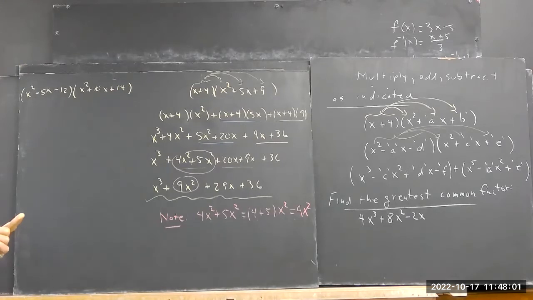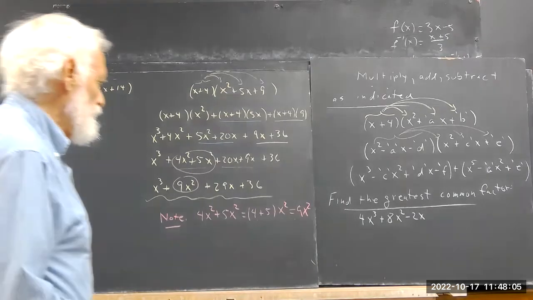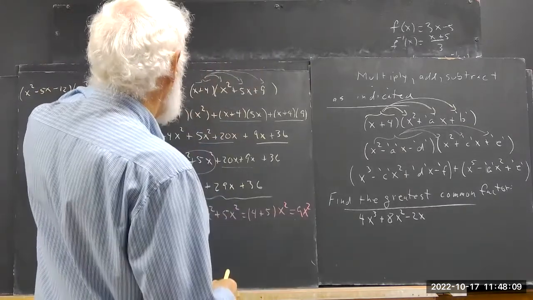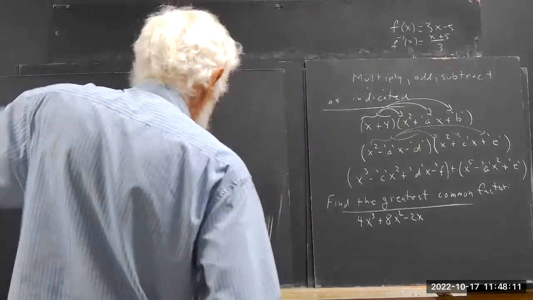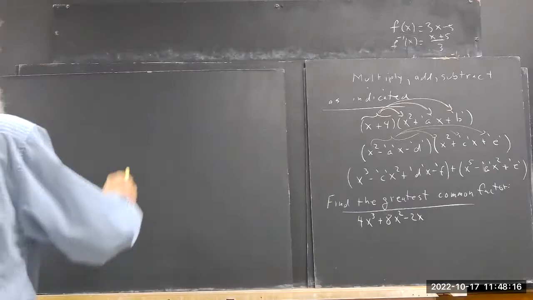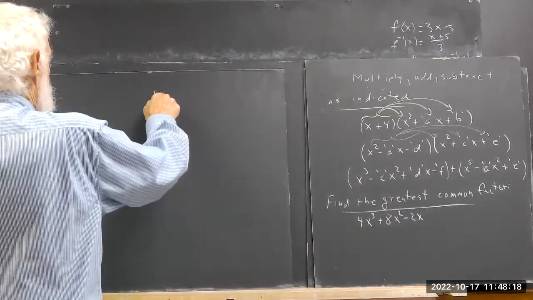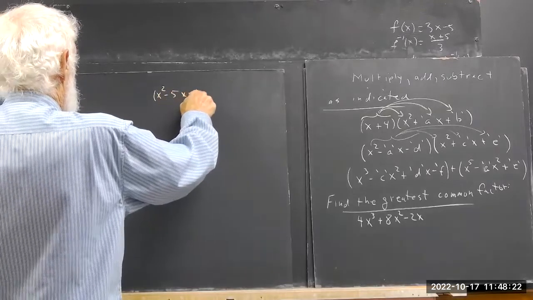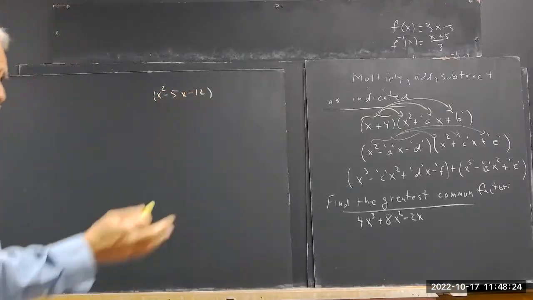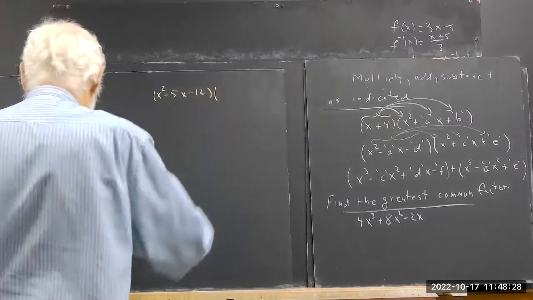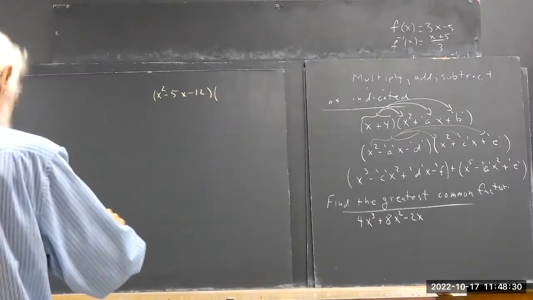Can you read that? Yeah, I better write it bigger. Okay, so let's try again. x² minus 5x minus 12. See that okay? Then we multiply that by x² plus 10x plus 14.